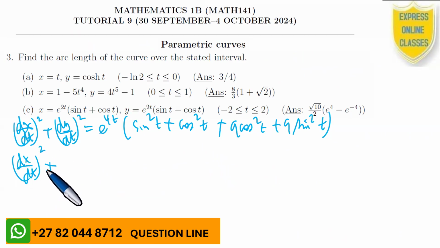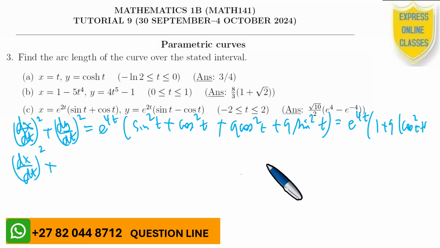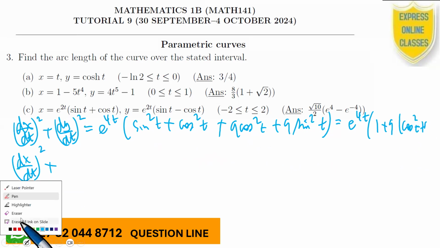So we can continue here and write e^(4t). Sin squared t plus cos squared t is 1. And this one is exactly plus 9 in brackets, cos squared t plus sin squared t. Write that at the bottom.